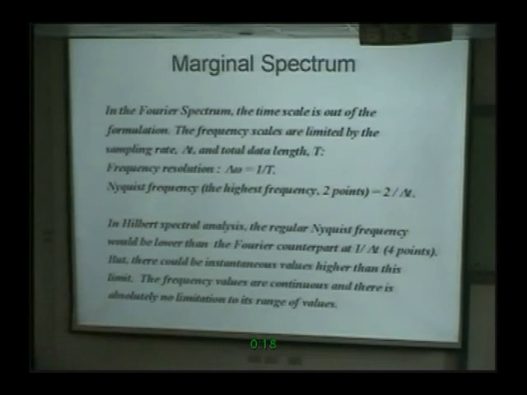In Hilbert spectrum, the highest frequency, we probably will not get there, because if we want to evaluate the frequency, we take a derivative, and if you have 2 over delta t, that means that particular wave has only 2 points. For 2 points, you compute the phase and you take a derivative, and that phase and derivative may not be very meaningful.